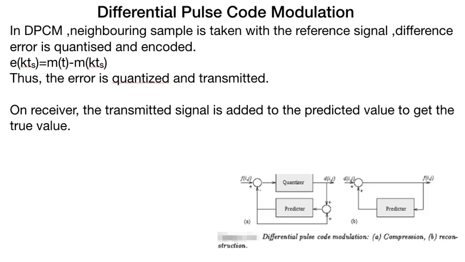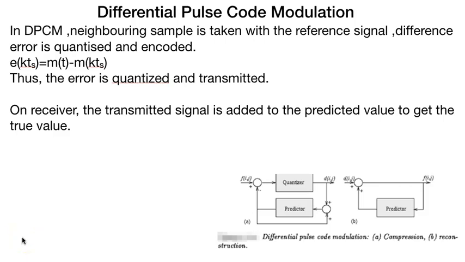The difference error is quantized and encoded. e_k is the error, which is calculated by subtracting the predicted value from the original value, giving a quantized error. On the receiver, the transmitted signal is added to the predicted value to get the true value.